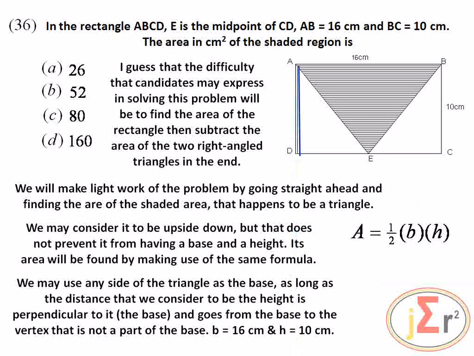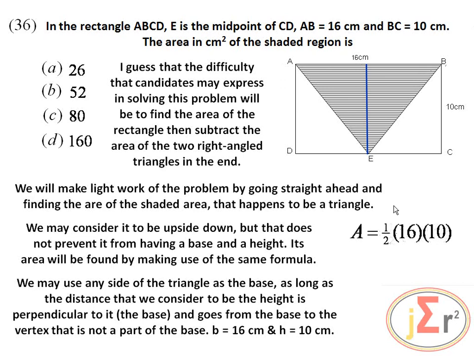Take a look at this again. Notice that what we are using as the height is actually the width of the rectangle, which we know to be 10 centimeters. And we are considering that it is upside down and this is our base.